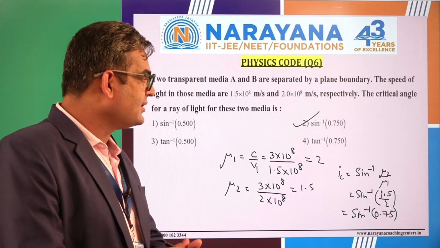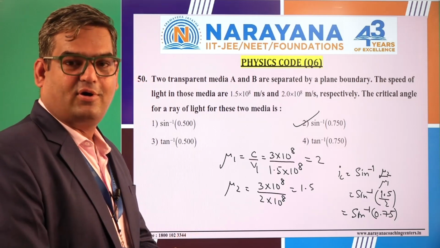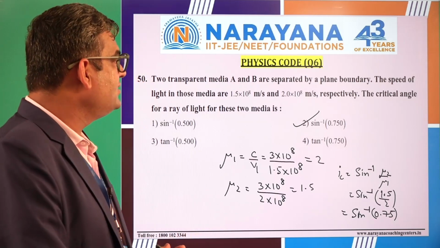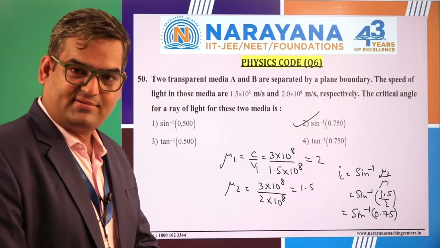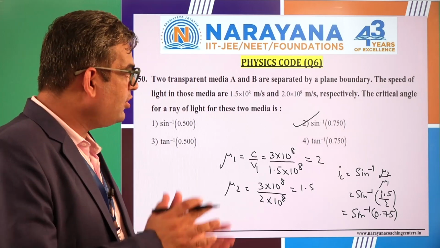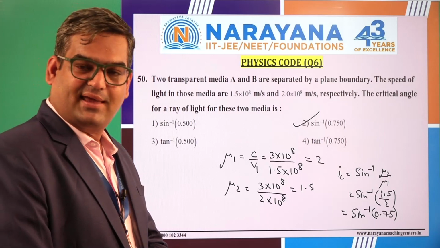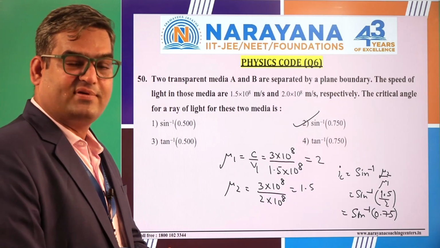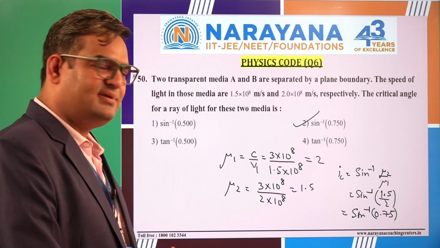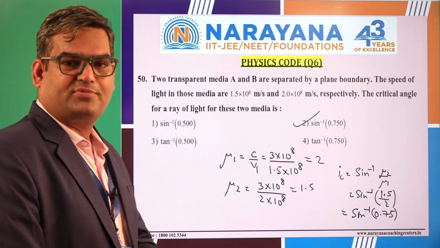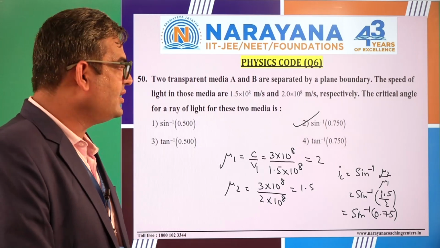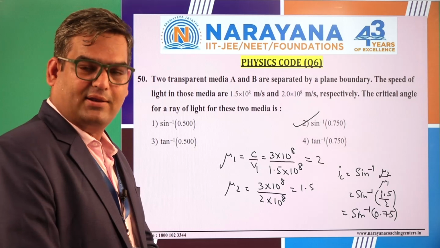This completes our discussion of this paper, Physics Code Q6. The overall difficulty level of the physics section was easy, apart from 3 or 4 questions which were a bit calculative.